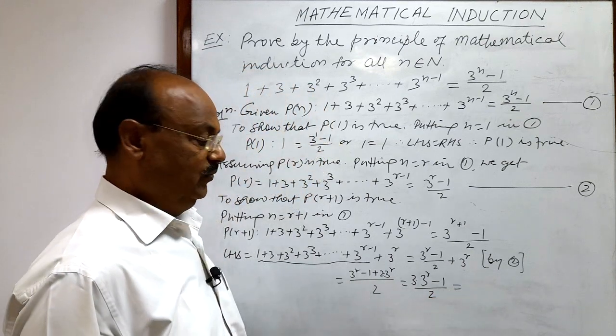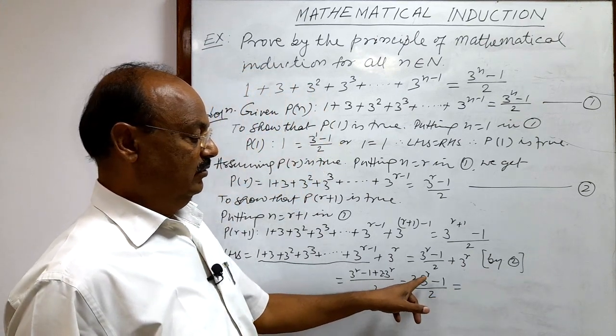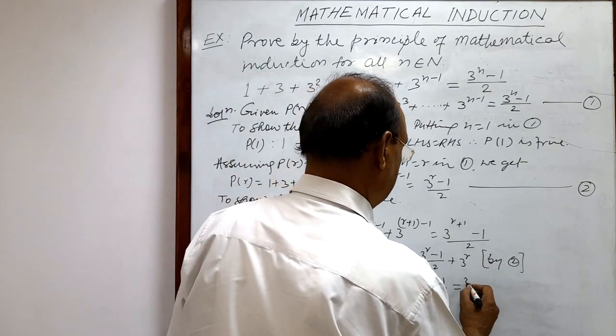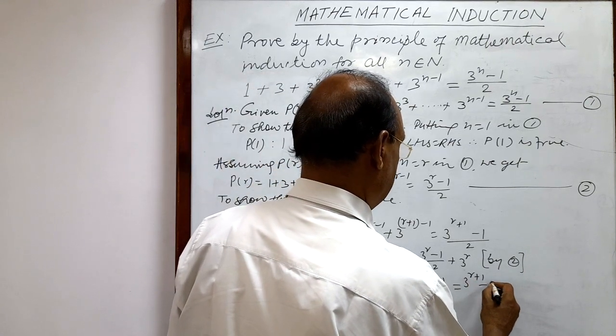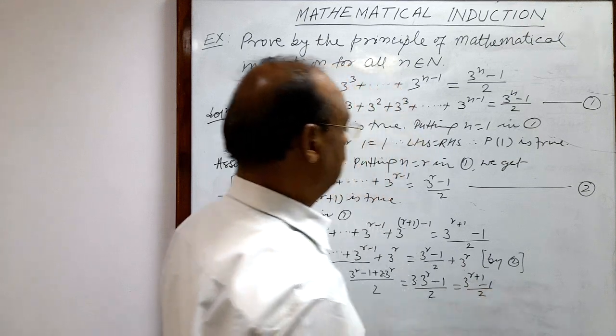Multiplying 3 with 3 to the power R, it will be 3 to the power R plus 1 minus 1 divided by 2.